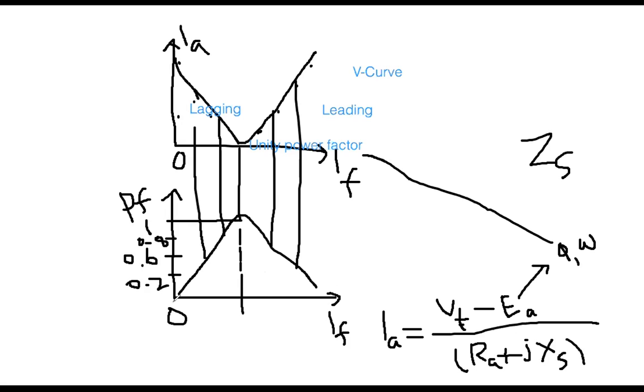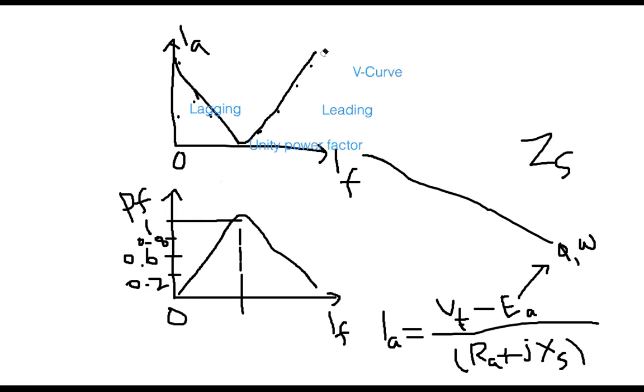But you see, it looked like the letter V. Accordingly, it is called the, therefore, let me remove these lines. Because this looks like the inverted V, the letter V inverted, accordingly, it is called the inverted V curve.